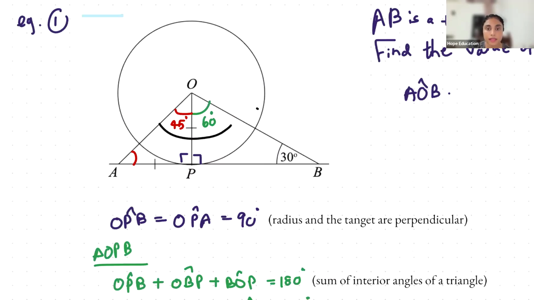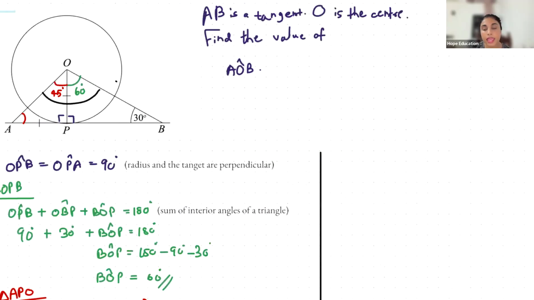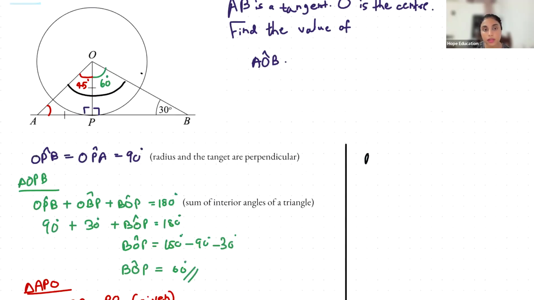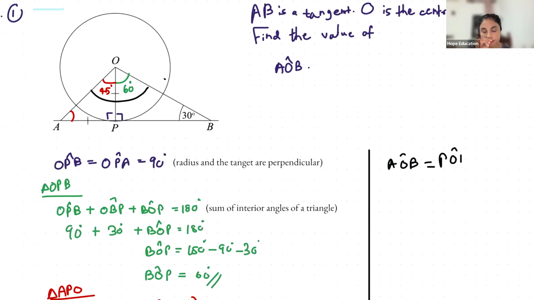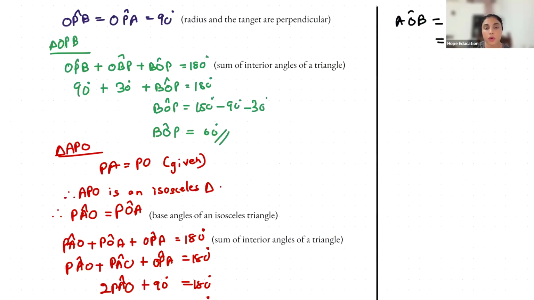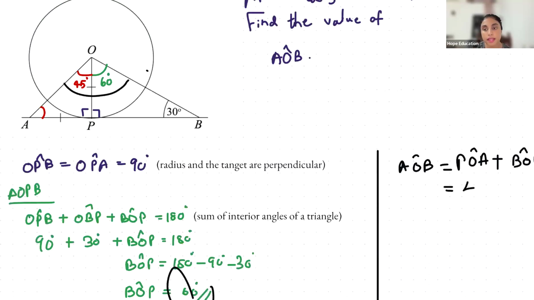So AOB equals POA plus BOP. POA is the 45 we found here, BOP is the 60 we found here. So 45 plus 60 would be 105.